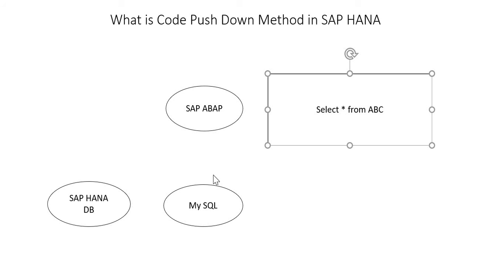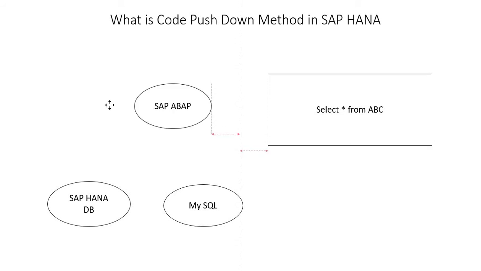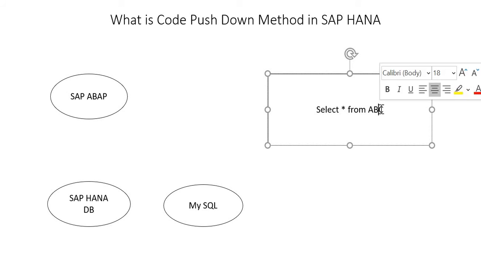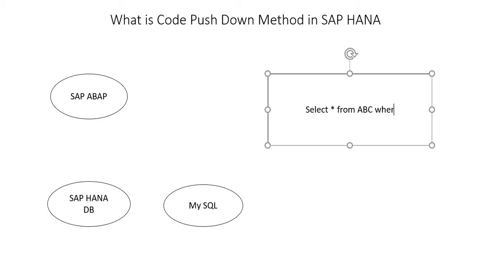If you are reading from a hard disk, because the data is stored in the hard disks, it is found that reading from an in-memory database is faster in SAP HANA, because obviously you are going to give some kind of where clause here.